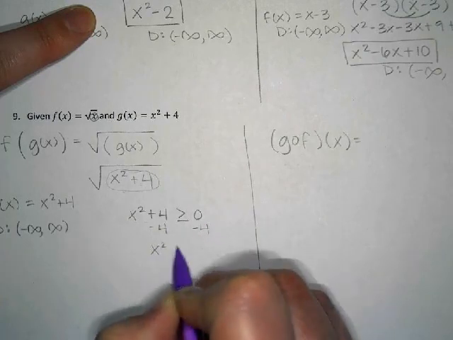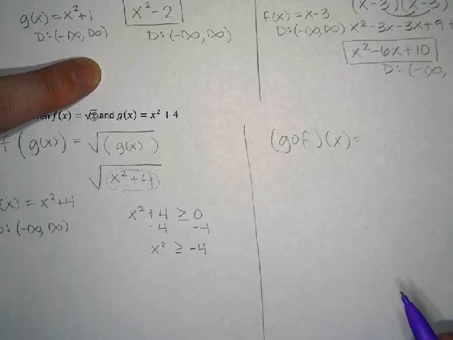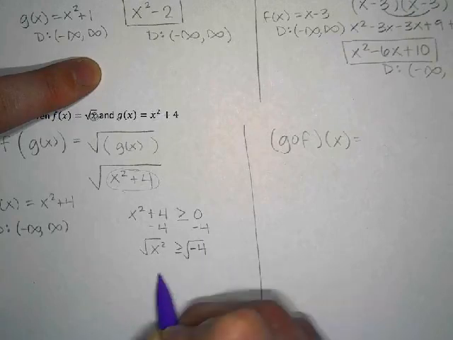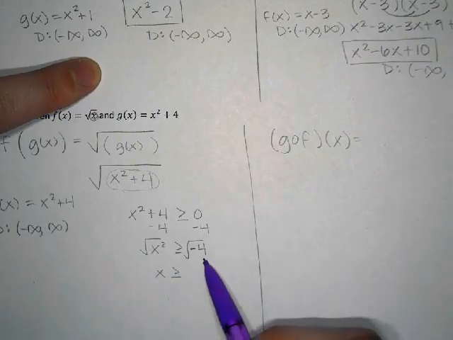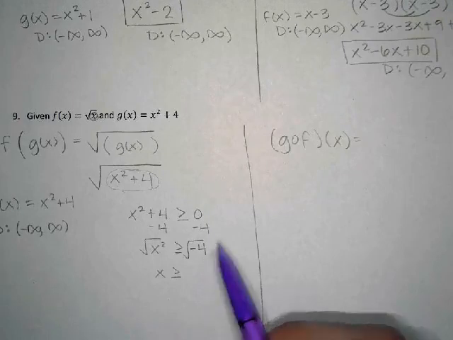Square root it. So we're going to have x is greater than or equal to, I mean you can, but what happens if you do? You get an imaginary answer. Are imaginary answers actual answers? No. So there's no actual answer that would make this not positive.